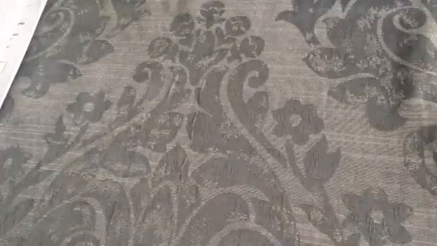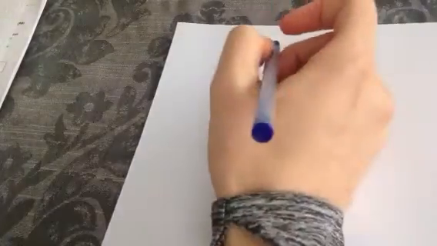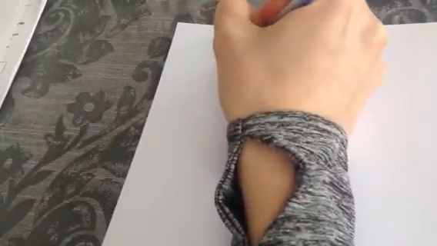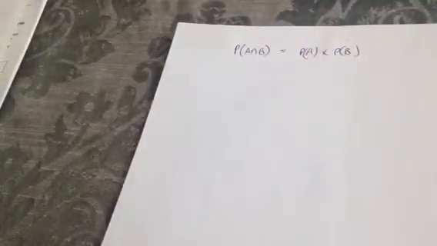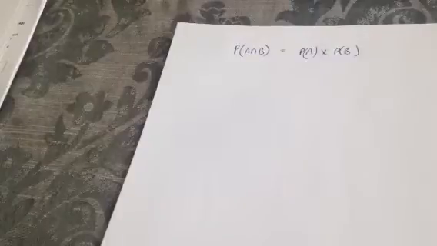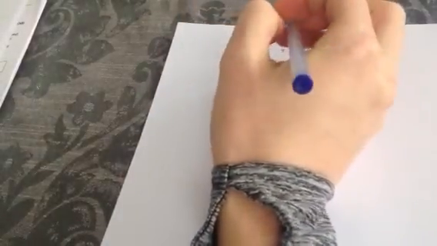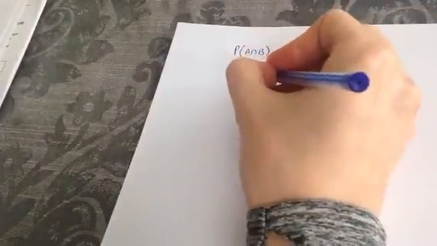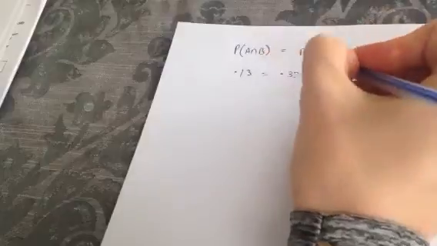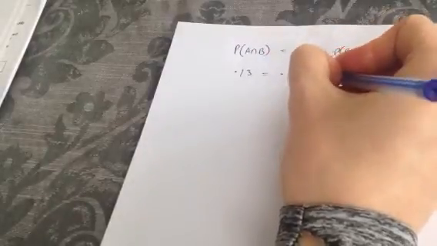Part 3: state whether they are independent events and justify your answer. So I have a formula for this. If they are independent, the probability of A intersecting with B is equal to the probability of A times the probability of B. If I fill this in and this is true, then they are independent events because it fulfills this formula. So A intersection B is 0.13, and the probability of A happening is 0.33 multiplied by the probability of B happening, 0.45.